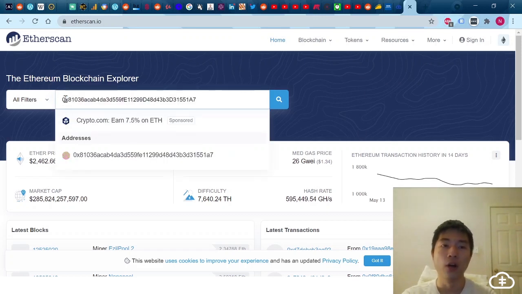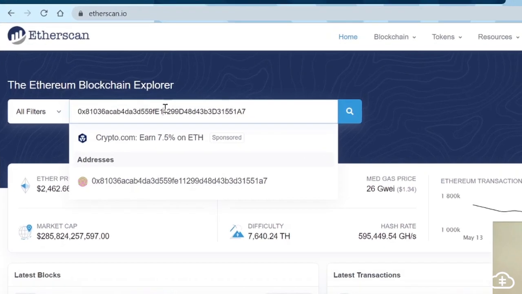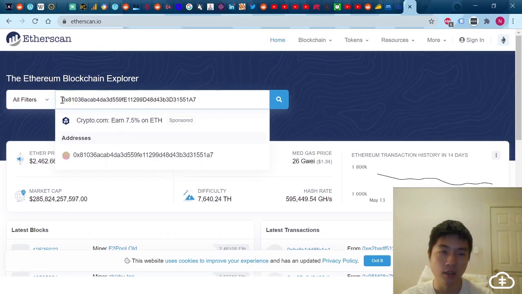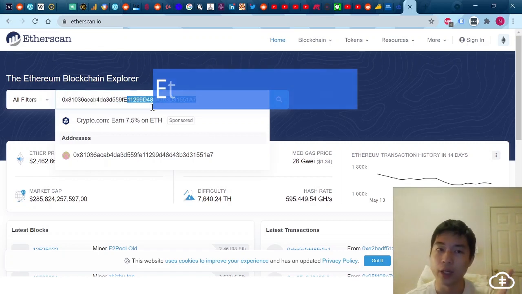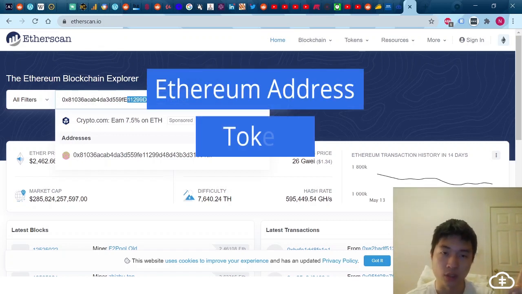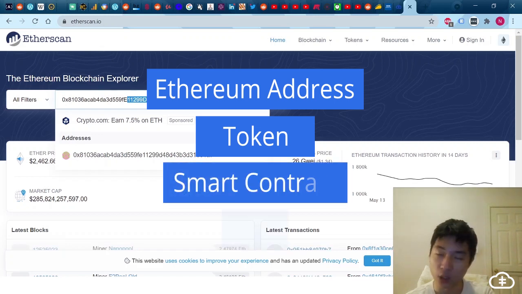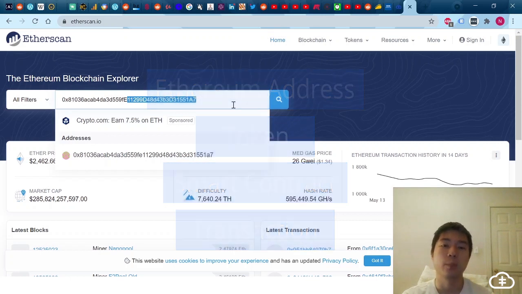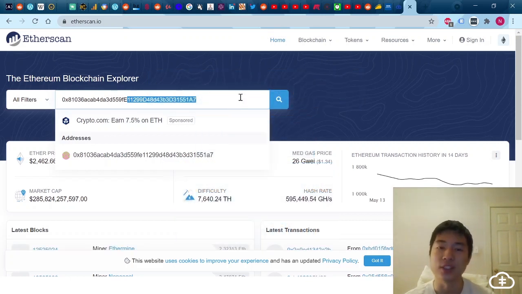Notice how all addresses that are created in Ethereum start with 0x. If you see this 0x at the top of these strings of letters, that's either an Ethereum address or a token, smart contract, or a transaction, which I'll get into a little later. But for now, let's just check out this address.